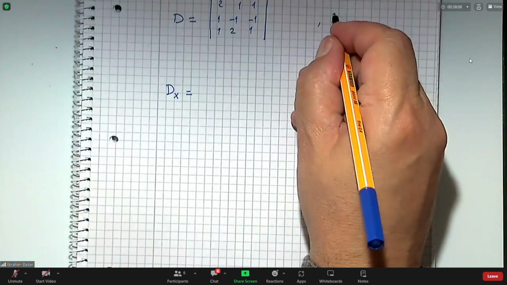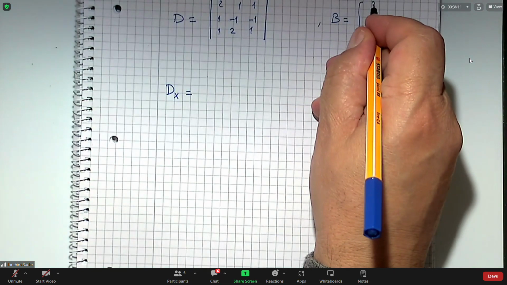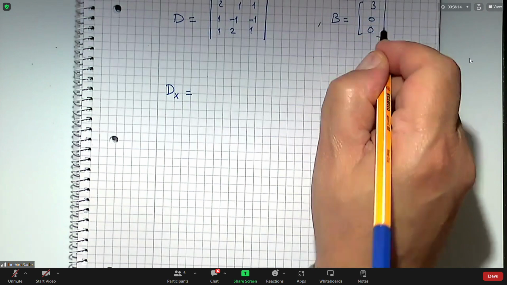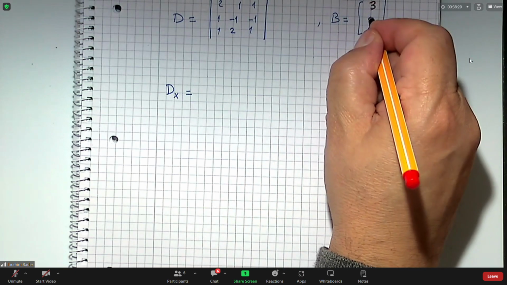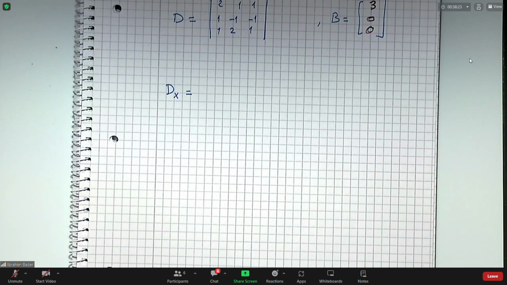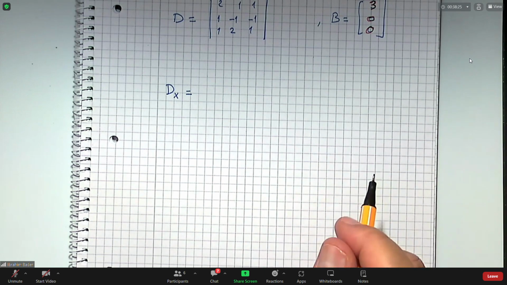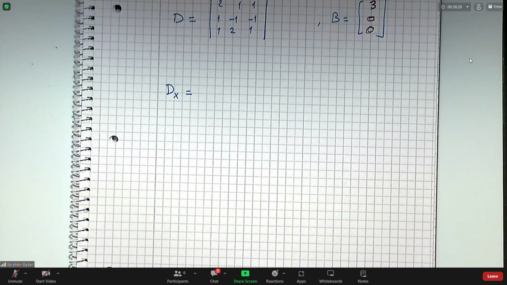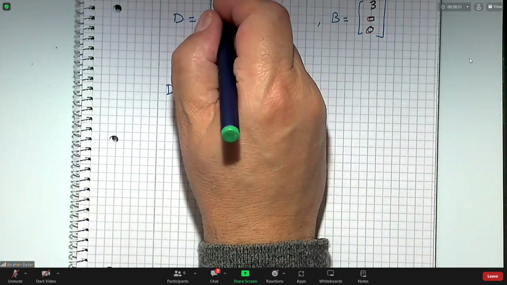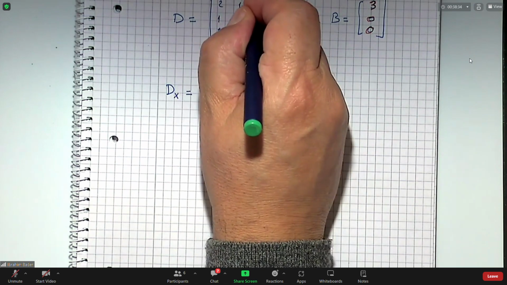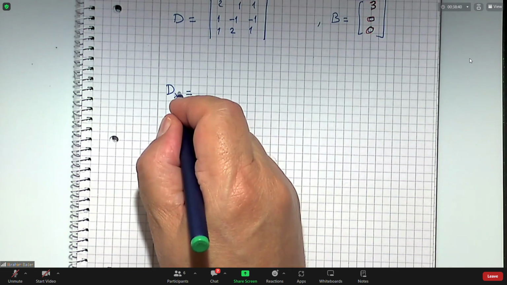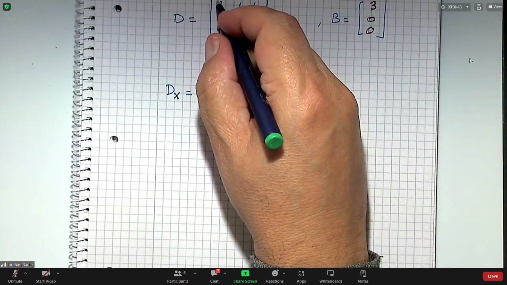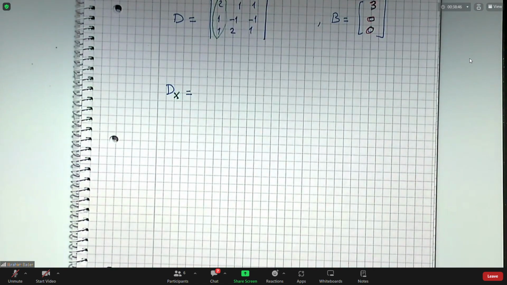Now remember that B here is just the right-hand side, so it's 3, 0, 0. And let me again label it with red because it plays an important role in this method. And as I told you, bear in mind that these are the coefficients of X, these are of Y, these are of Z. Now what we are going to do to create D sub X, we are going to replace this first column with this side here, okay?